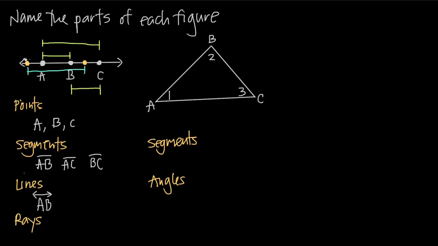So this would define the line pictured here simply because A and B are both on the line, so we connect them to get the direction of the line, and then we extend it infinitely out to the right and infinitely out to the left. But the line AB could define this line here. We could also define it with the points AC and say the line AC, or the points BC and say the line BC.